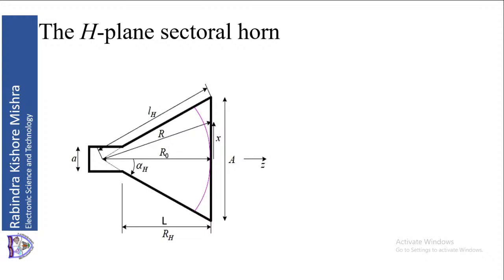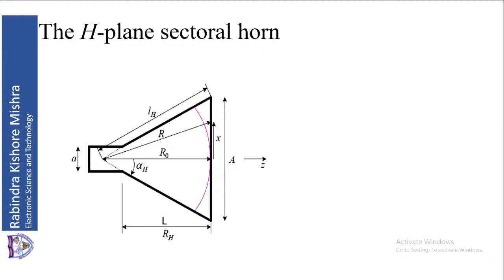Now, you can see that there is also a portion which is up to the face of the antenna, the distance between the face of the antenna and the point on the waveguide from where it starts to expand. The distance between these 2 points is called RH. This RH is also called L, the length of the neck.